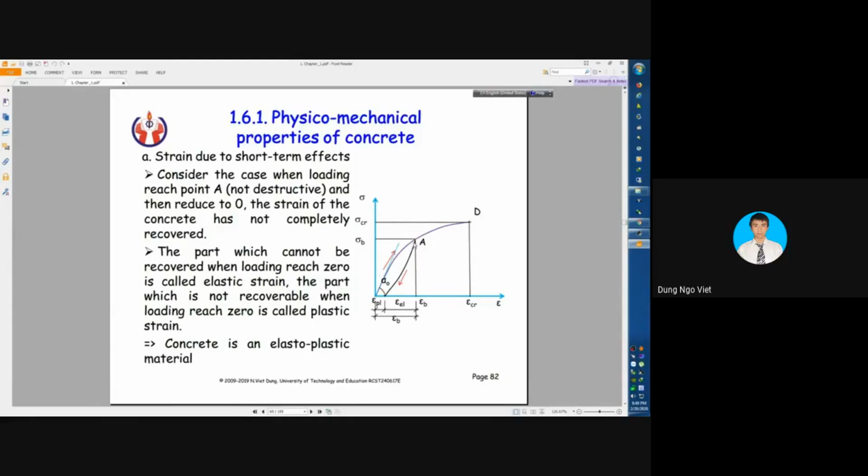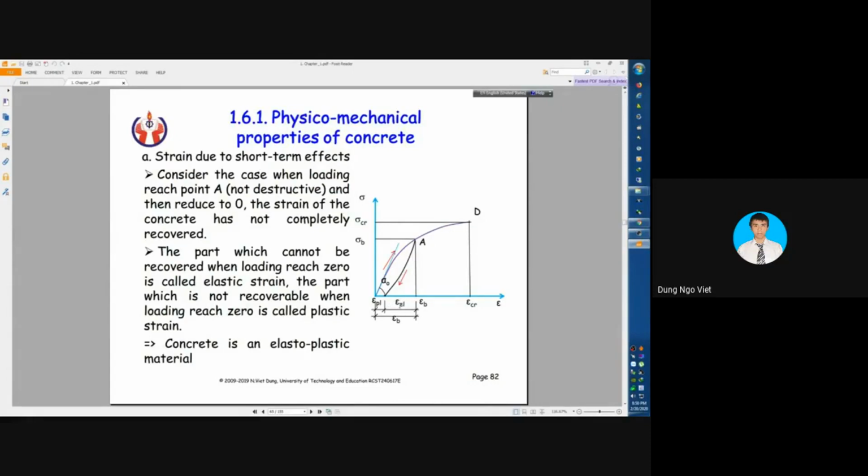You can see here, the stress will decrease in this part, and also the strain decreases. However, it does not come back to zero, but comes back to this point. So the strain of the concrete has not completely recovered. It only recovers this part, epsilon_EL.